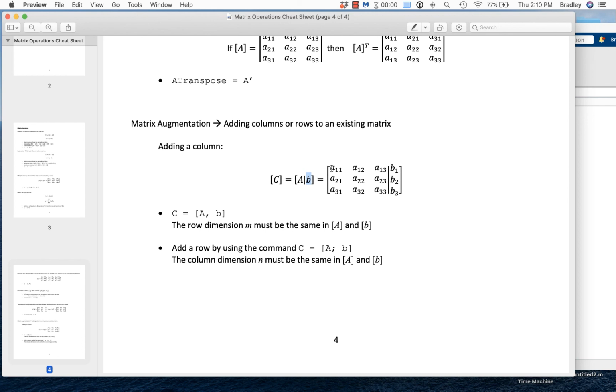And so you can see here that we have all the elements of A indexed, and then a line, and then the elements B, 1, 2, and 3. And so this augmentation takes a 3 by 3 and then takes a 3 by 1 column matrix and turns it into a 3 by 4.